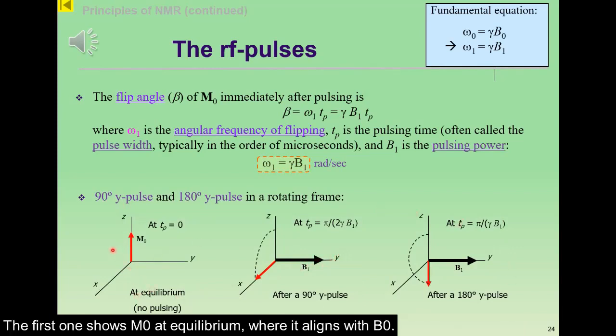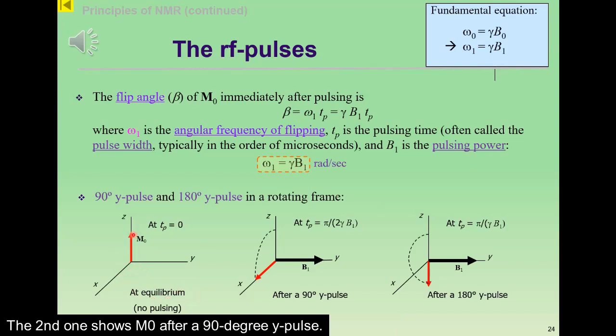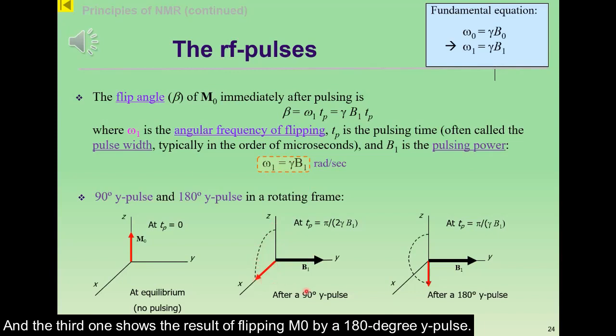The first one shows M0 at equilibrium, where it aligns with B0. The second one shows M0 after a 90-degree y-pulse. And the third one shows the result of flipping M0 by a 180-degree y-pulse.